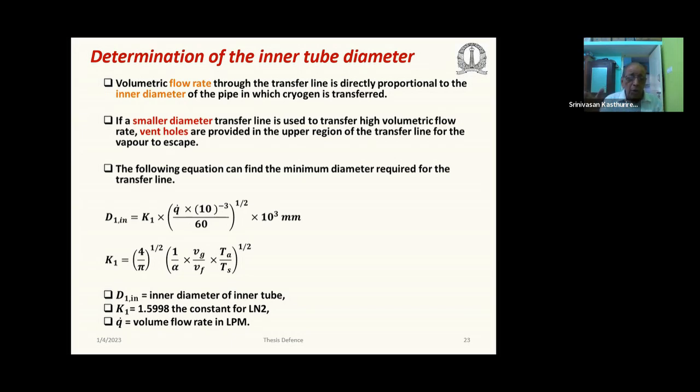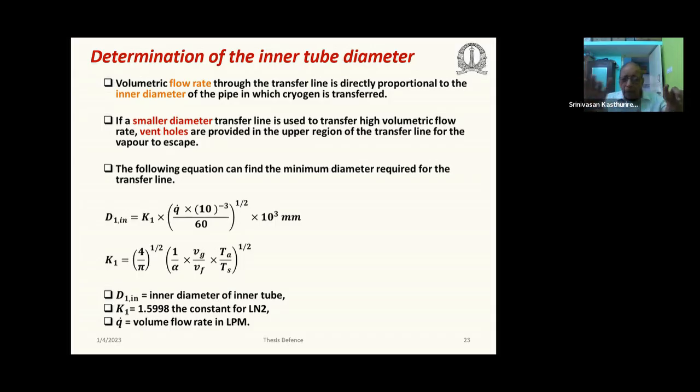Because the liquid flow is going to be obstructed by this vapor generation, you need to provide some vent holes in the upper zones, not in the vacuum zone. After clearing the vacuum zone, you put some vent holes so that this vapor will go out. You understand, I suppose, that the pipeline will generate a lot of vapor.